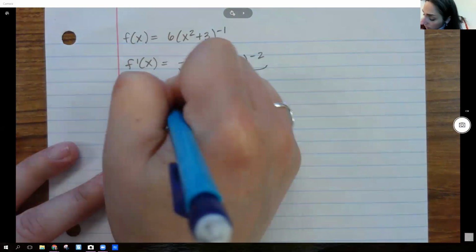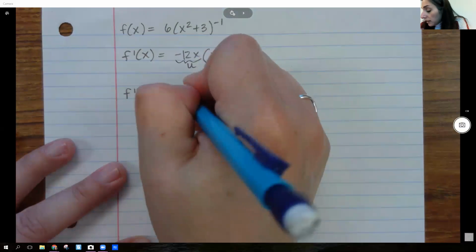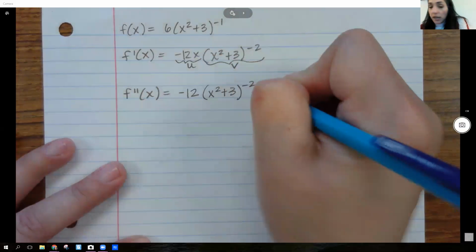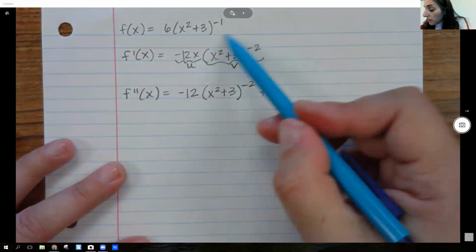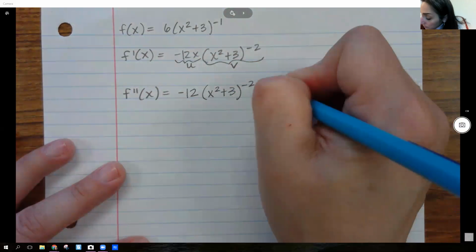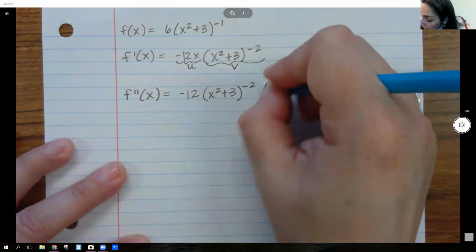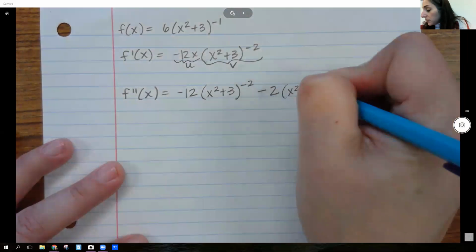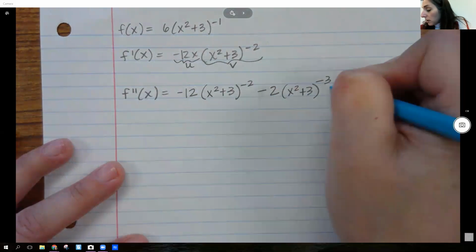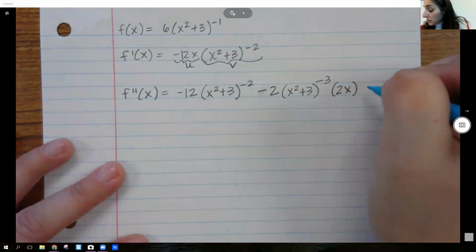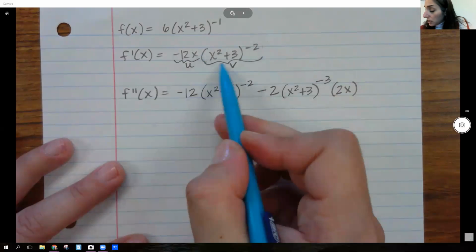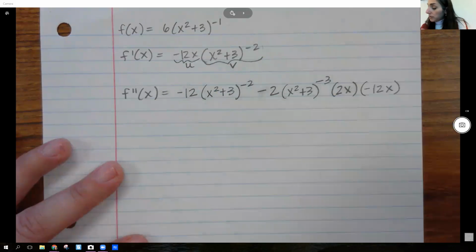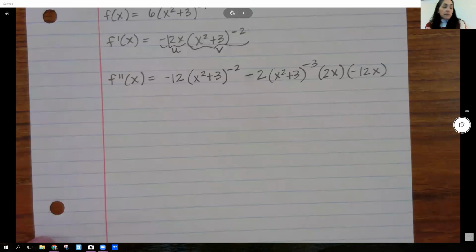So the second derivative: the derivative of u is -12 times v, plus now we're going to do the derivative of v, which will be -2, so I'm going to bring this negative, x squared plus 3 to the -3rd times 2x, so that was just the derivative of v, times u, 12x. All right, that's beautiful.